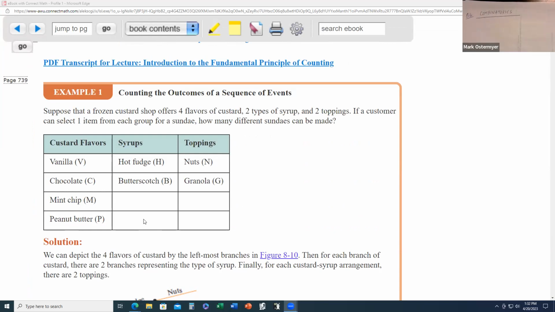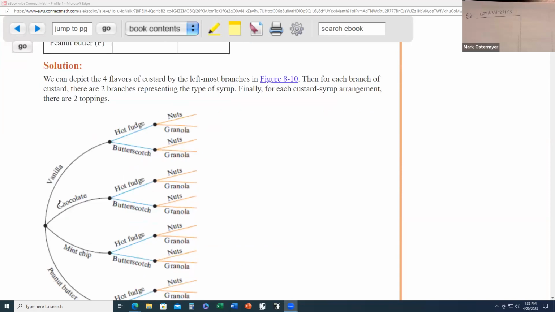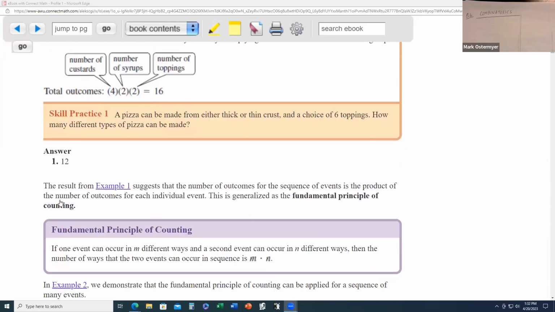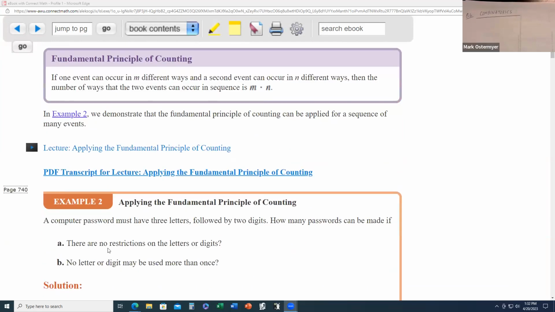All right, let's look at this next example. And here it is. This is example 2 in section 8.6. A computer password must have 3 letters, let's say, followed by 2 digits. How many passwords can be made if A, there are no restrictions on the letters or digits, B, no letter or digit may be used more than once?